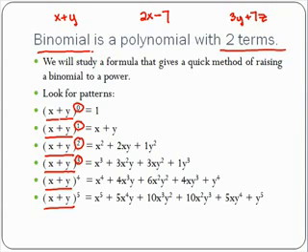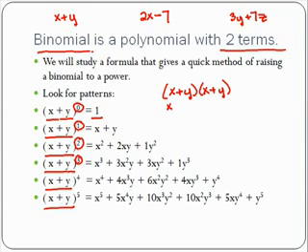Well, we know that anything to the 0 power is 1, so x plus y to the 0 is just plain 1. We know that anything raised to the first power is itself, so here we're just going to have x plus y. To get x plus y quantity squared, we would take x plus y times x plus y, and then we would do the double distribute.